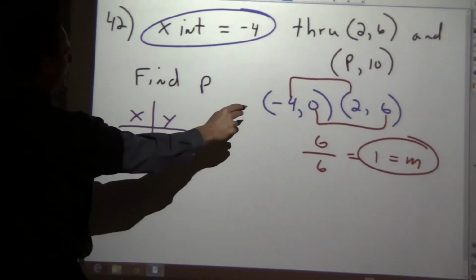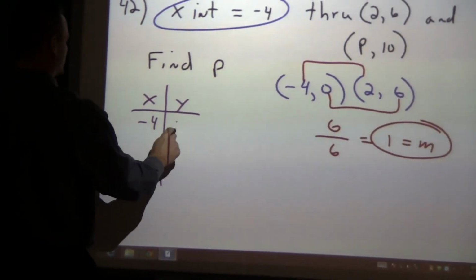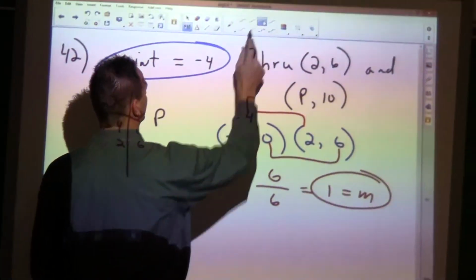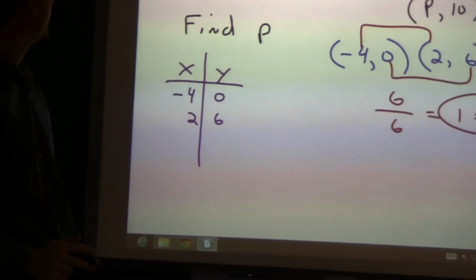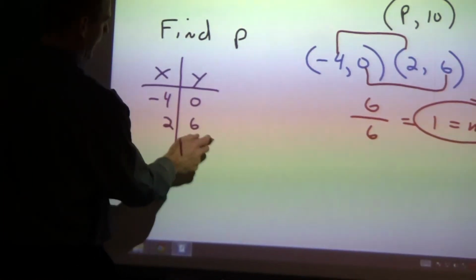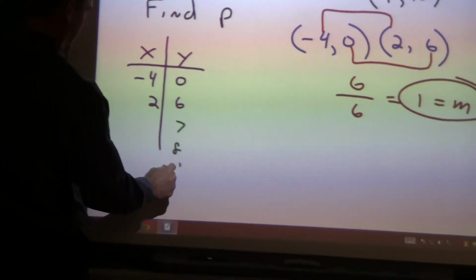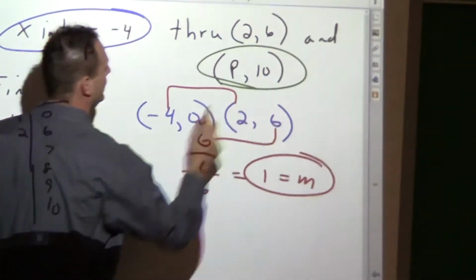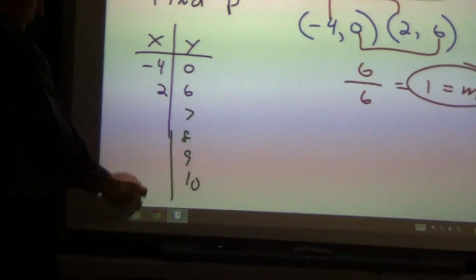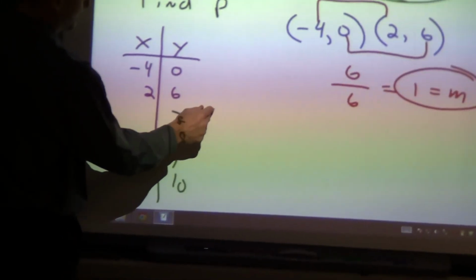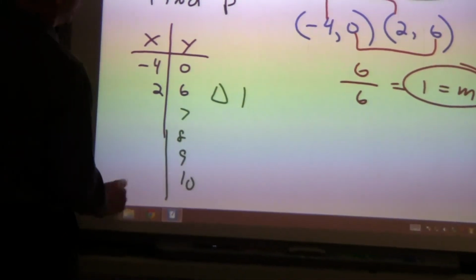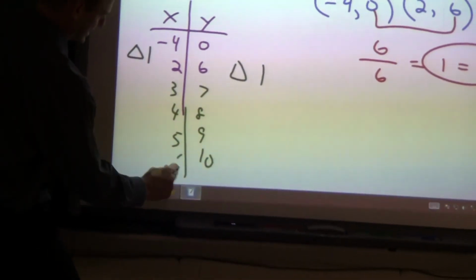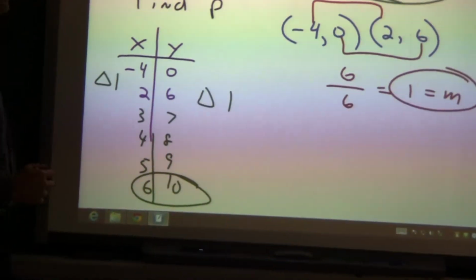I'm going to use my 2 points that they gave me, negative 4, 0 and 2, 6. I know that the change in y over the change in x is going to be 1 over 1. So I know my table is basically going to go 7, 8, 9, 10. I'm looking for the x coordinate when y is 10. If y is increased by 1, x changes by 1: 3, 4, 5, 6. 6, 10.